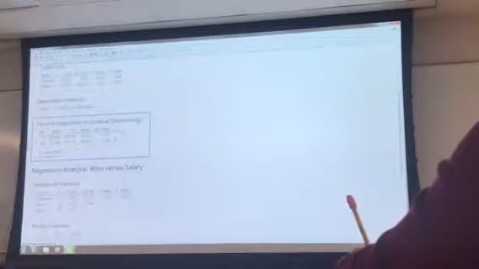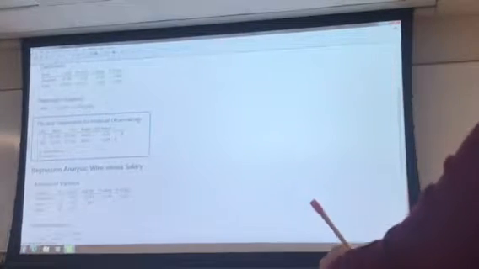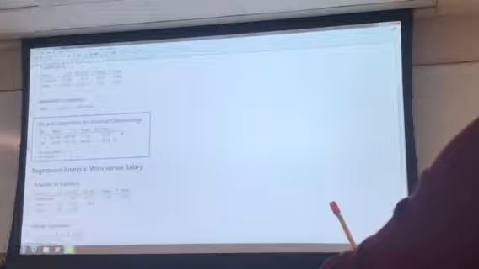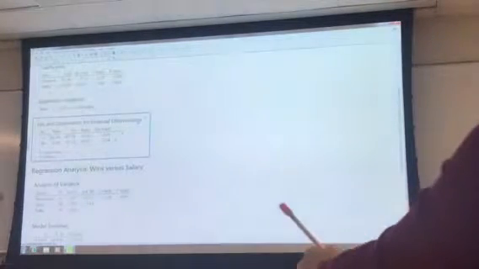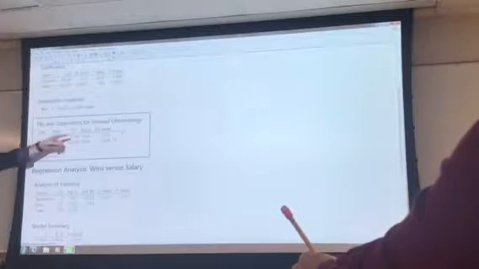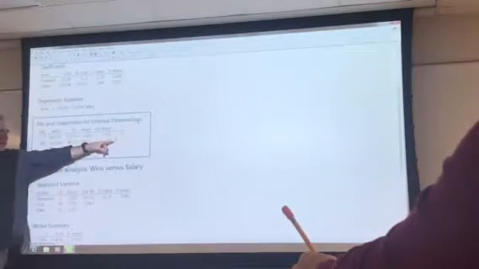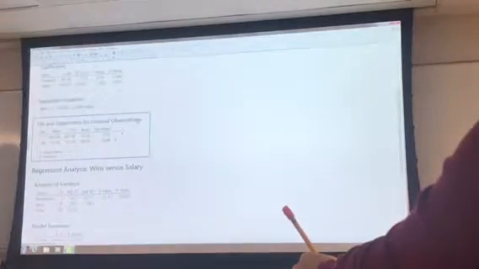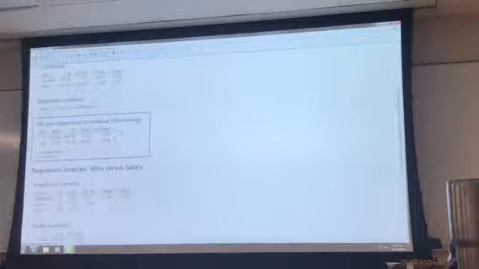And one of the reasons I really like this data set, there are 2 types of unusual observations Minitab will flag. Some unusual observations it puts an X beside, some it will put an R beside. And they give you a little key down here. R means large residual, X means unusual X.